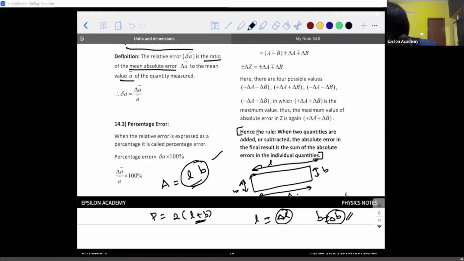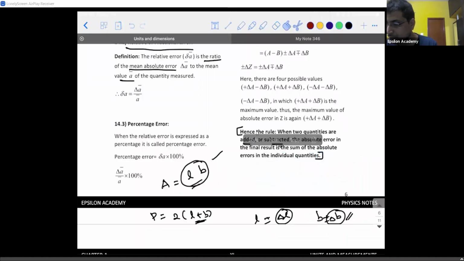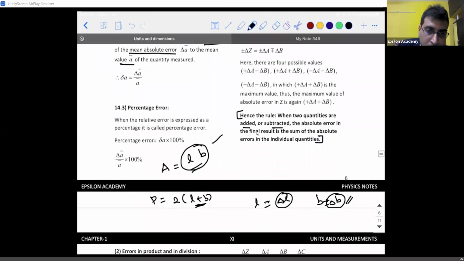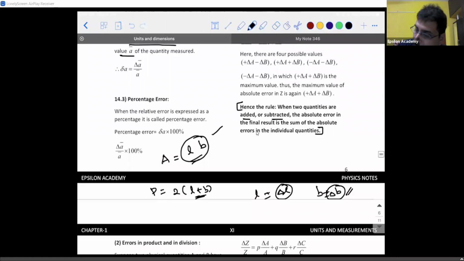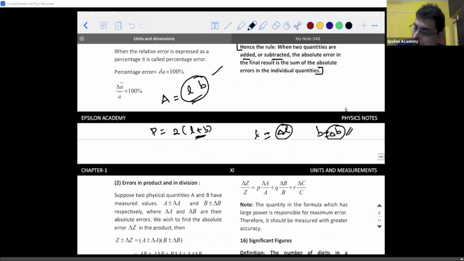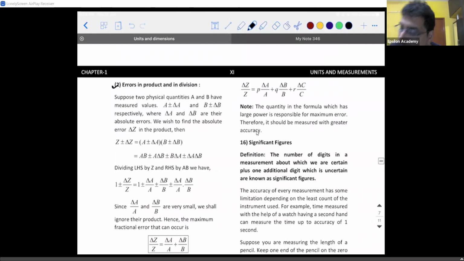When two quantities are added or subtracted, the absolute error in the final result is the sum of the absolute errors in the individual quantities. Next we will go for errors in product and division.